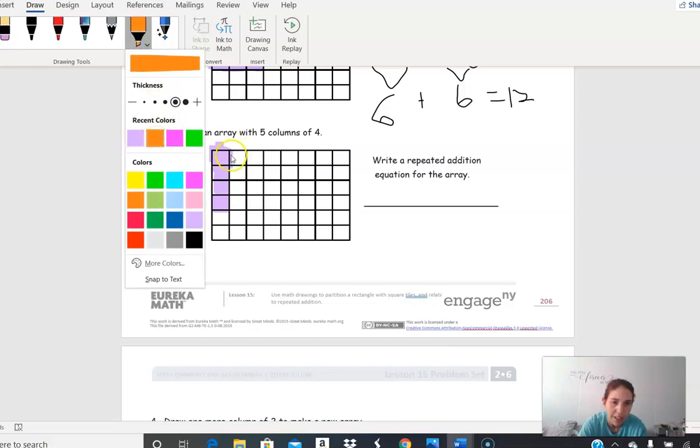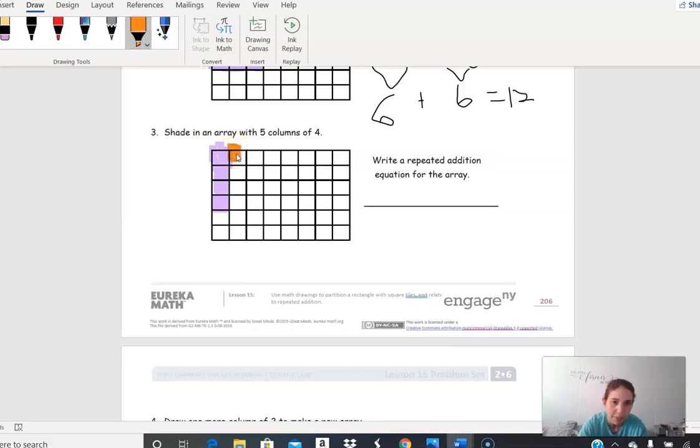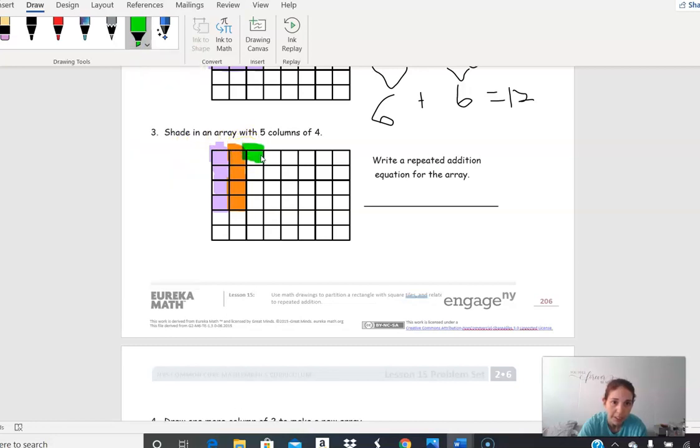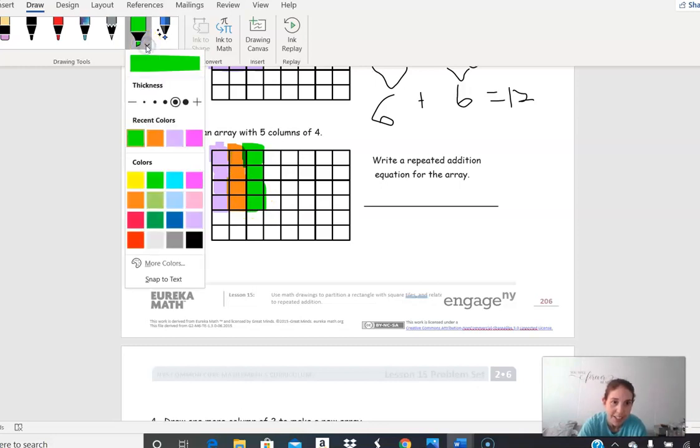And we have this one that will be a group of 4, a column of 4, another column of 4. Sorry, I'm a little bit out of the lines here. This is not as easy as it looks. Maybe I'm just not used to highlighting with it.